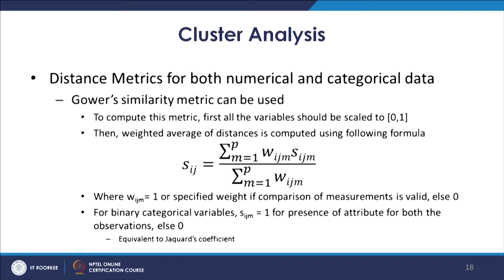This discussion is quite similar to Jaccard's coefficient: 1 indicates the presence of that attribute for both observations, and 0 indicates the absence. So, if the attribute is present for both observations, we take the Sijm value as 1. If it is not present, we take it as 0, just like in Jaccard's coefficient.